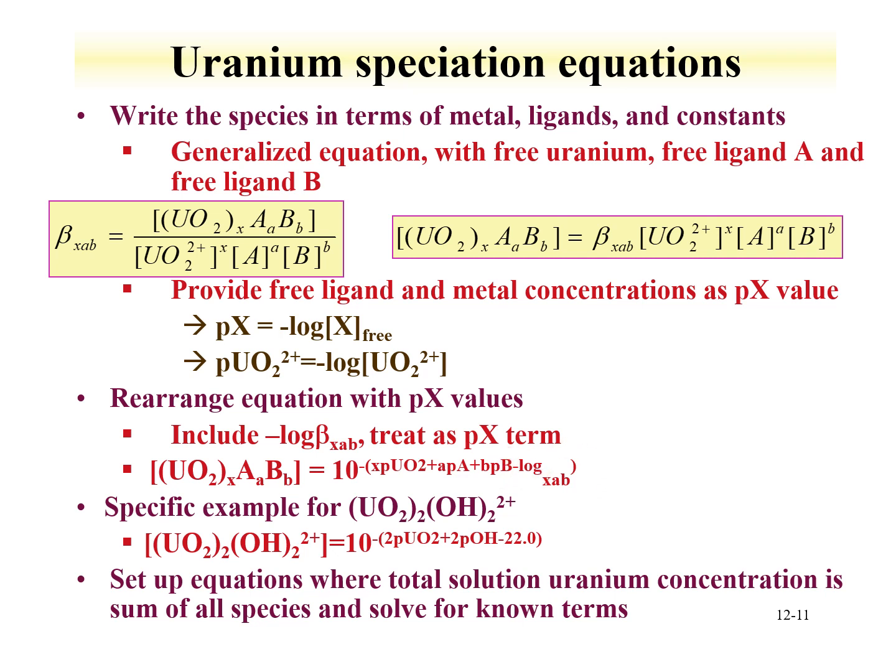And these factors that I have out in front are just the stoichiometry. The x is how many uraniums are involved in the final complex. This small a is how many ligand A, and the small b is how many ligand B. As an example, for this diuranium dihydroxide species, to calculate it, it's equal to 10 to the minus 2 times the pUO2 plus twice the pOH minus 22.